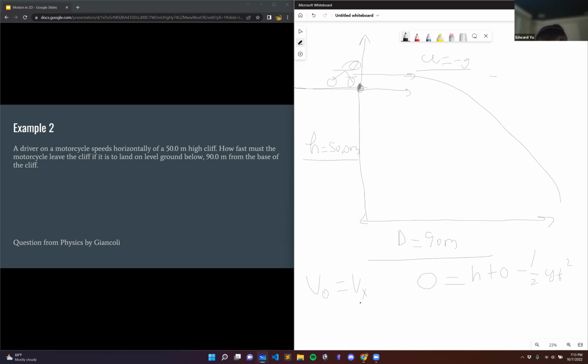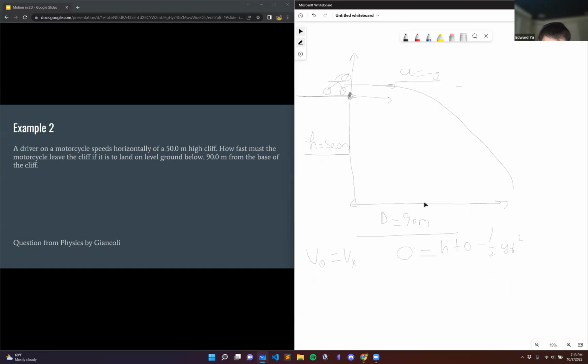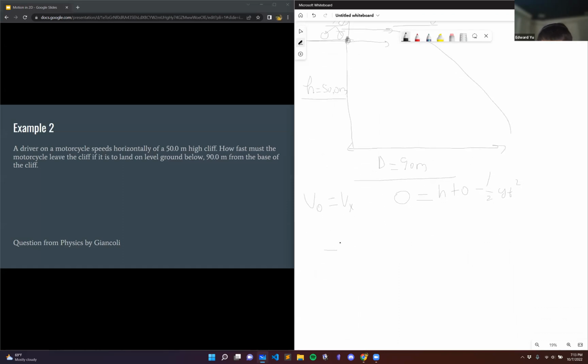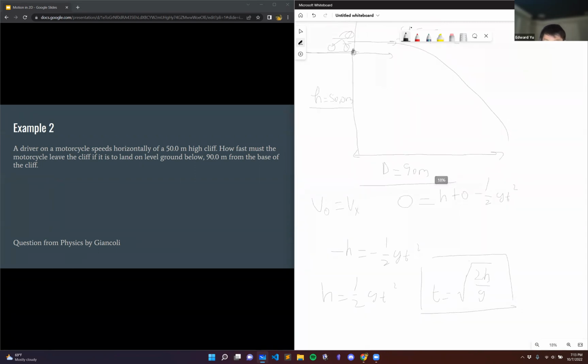So you could write it as negative h is equal to negative 1/2 gt squared, and then h is just equal to 1/2 gt squared. So time would be equal to root 2h over g. So that's the time you have. I'm not going to plug anything in yet. I'll plug it in at the very end.